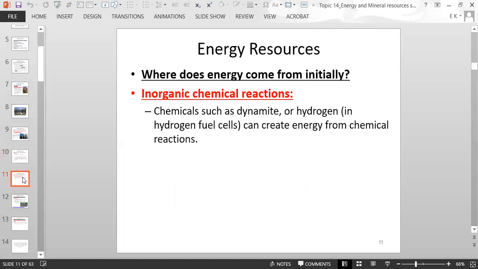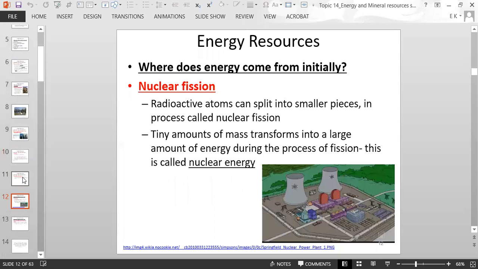Then we have inorganic chemical reactions. So chemicals like dynamite or hydrogen, which would be used in a hydrogen fuel cell, can create energy from chemical reactions. And then also nuclear fission. So radioactive atoms can split into smaller pieces in a process called nuclear fission.